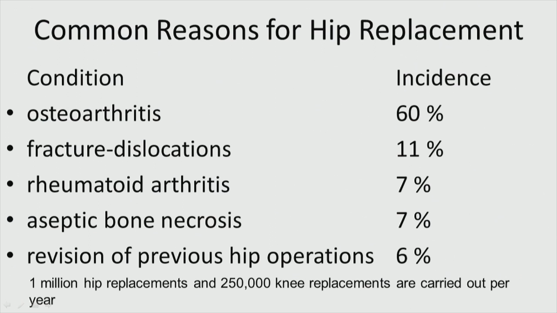So, if you look here, again huge data, 1 million hip replacements and 250,000 knee replacements are carried out per year. Okay. This is US data, that is a big number. So, use of metallic biomaterials in this area also again plays a very important role.